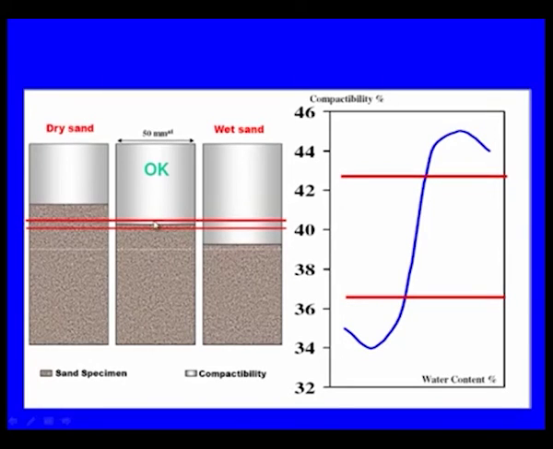In the second case the compactability is average, and in the third case the compactability is very high, meaning it is able to get compacted very much.